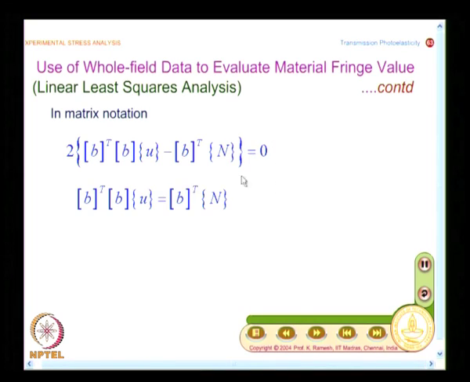And I would show you the answer for the benefit of the class, but I want you to verify this solution. I want you to verify this in your rooms, how to get this final expression. The final expression is very simple. I have this as B transpose B into U equal to B transpose N.